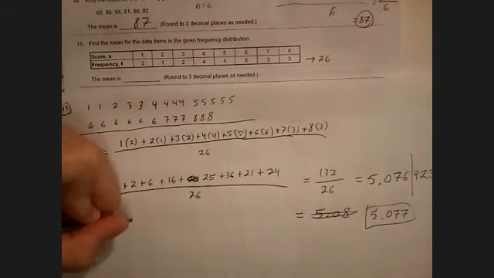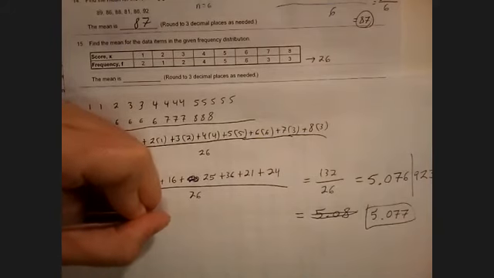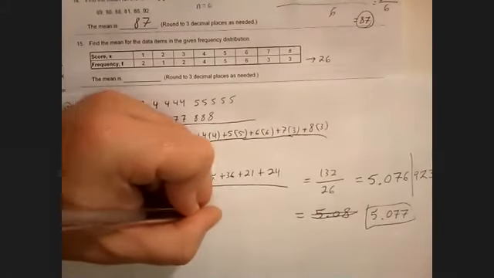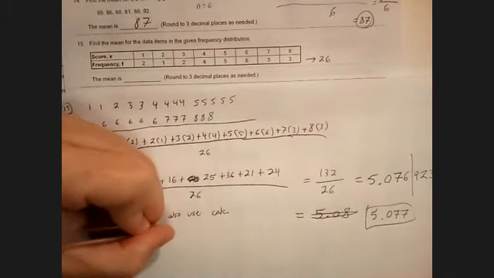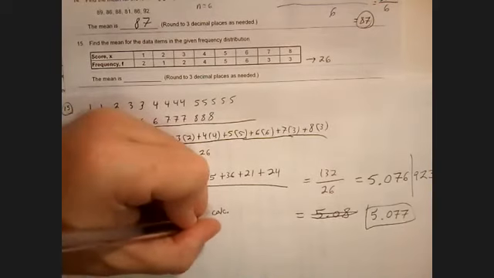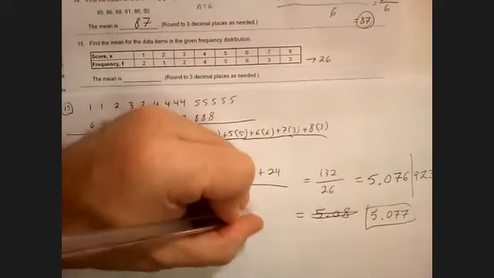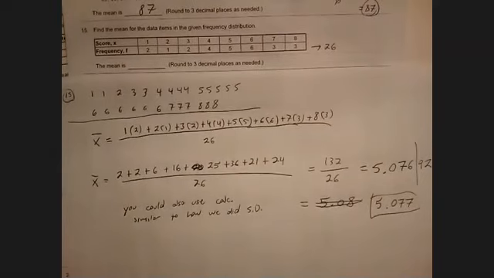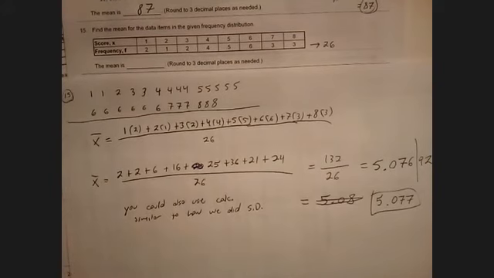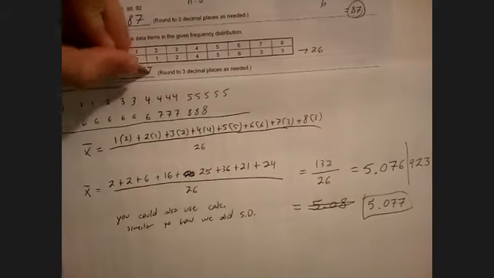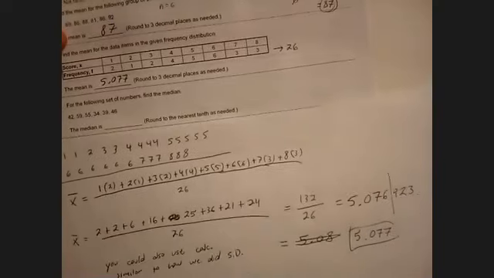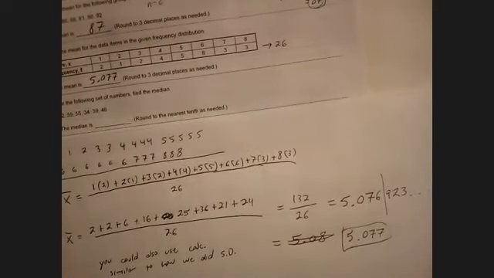I won't go through it now, but when we get to standard deviation, I'll point it out, and you could use the calculator on these. Okay? So 5.077. Let's do one more, or at least one more.